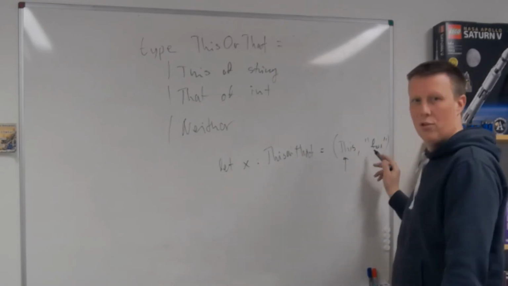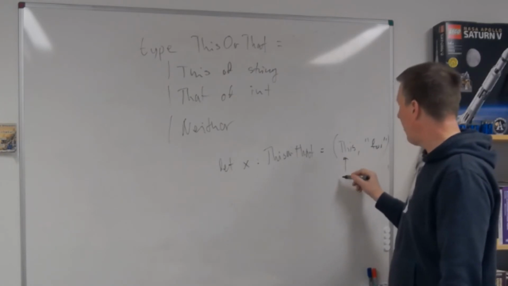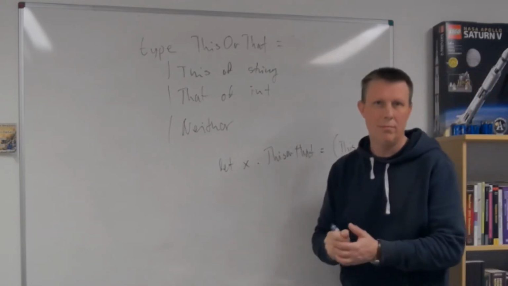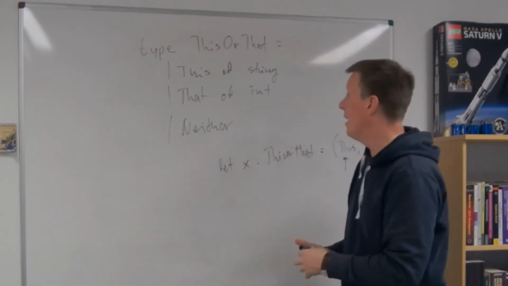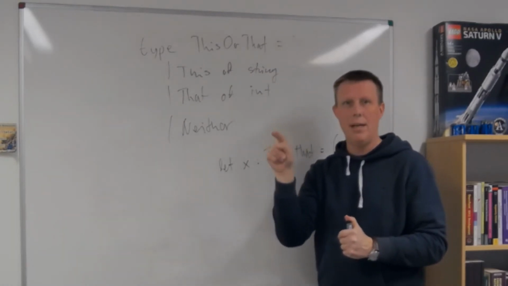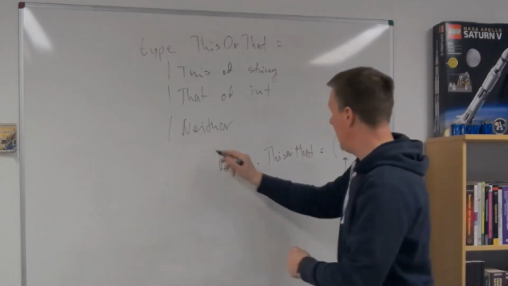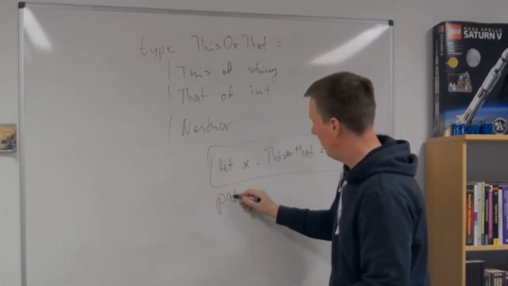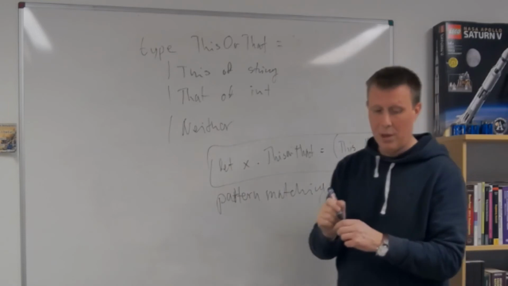And if it is, I could use the value foo as an int. Or if this thing here would be that, then this would be an int and so on. Of course, you can't do this in reality, but that's basically how you can see it. There are these named cases, and you can go in and check, is it of this kind, of that kind, or the last kind. And to do this in actual practice in a language, you use something called pattern matching, which is the topic of the next lecture.